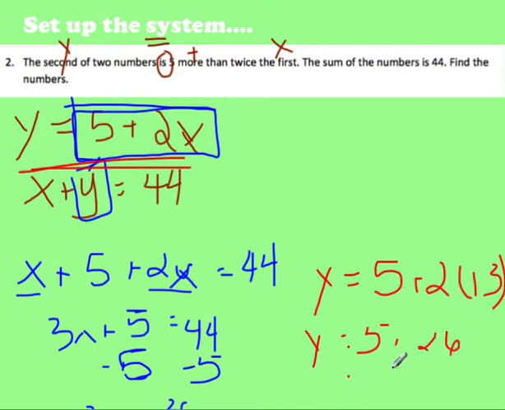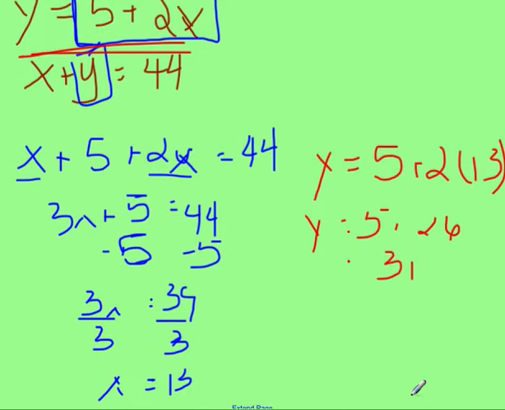And 5 plus 26 is going to give me 31. So then I get that y is equal to 31. And since we're just trying to locate the two numbers, we don't really have to label it. We can leave it simply as x is equal to 13 and y is equal to 31.